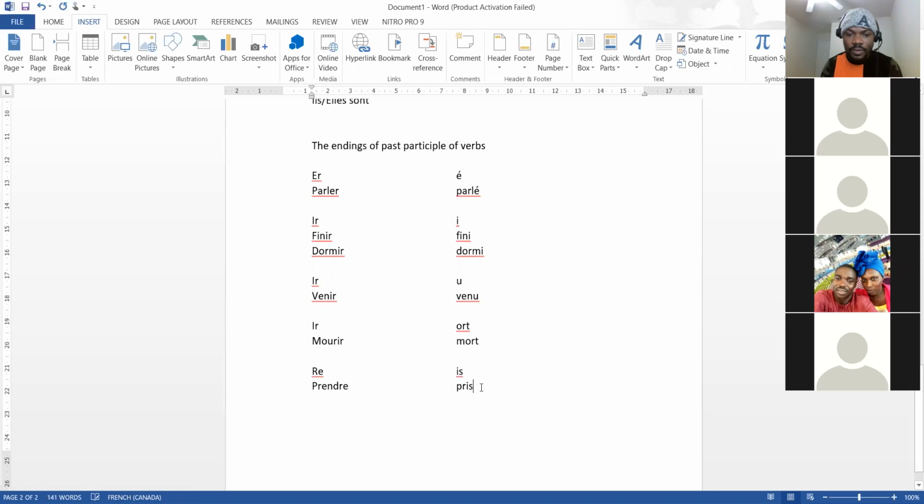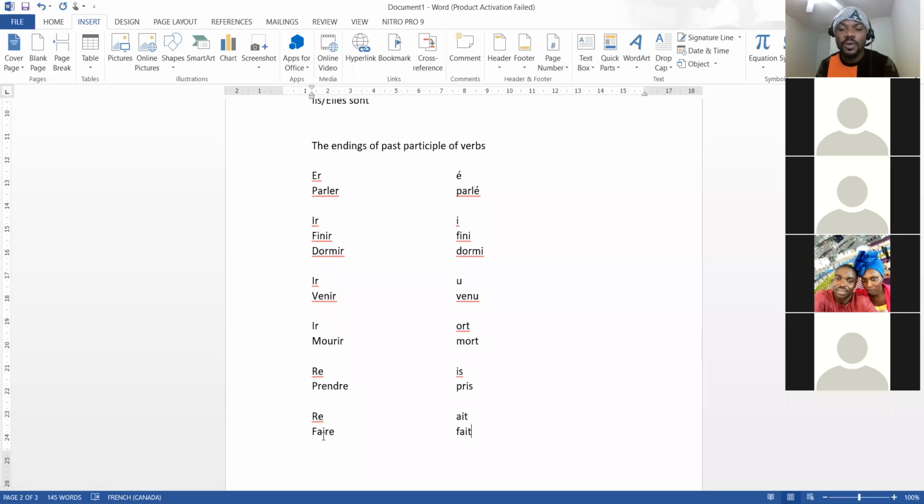Now we also have under re that will give you ait. You have verbs like faire, to do. The past participle is fait. So if I say I do, je fais, it's not I do at the wedding. No, I do my assignment.